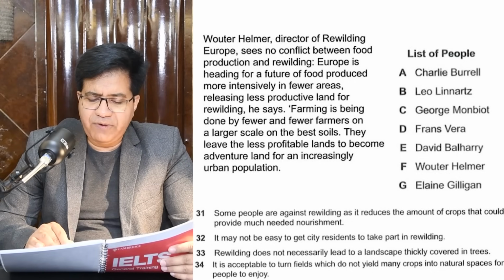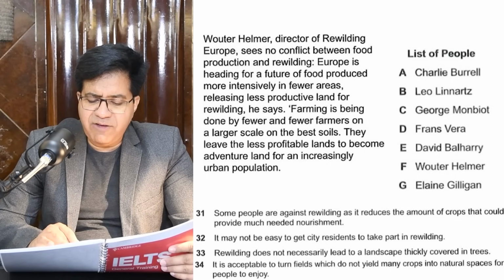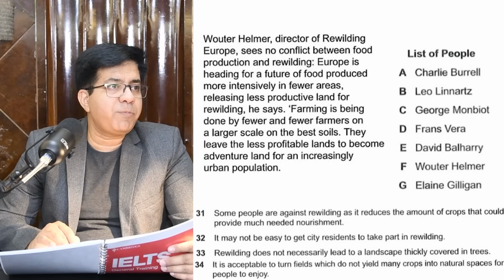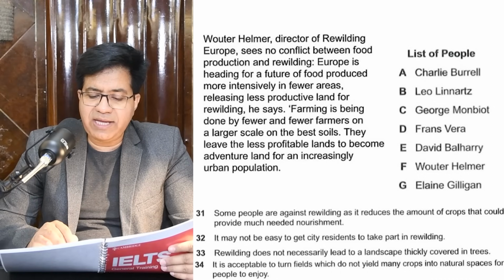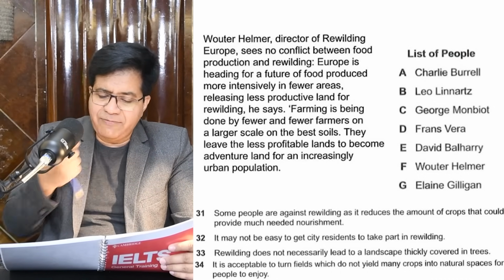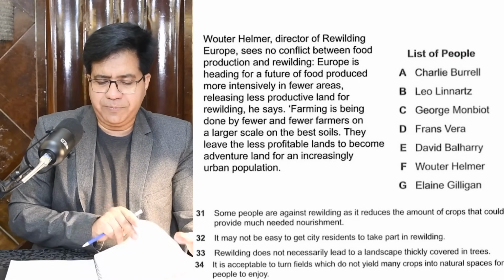He says farming is being done by fewer and fewer farmers on a large scale on the best soils. They leave the less profitable lands to become adventure land for an increasingly urban population. Urban population means city people. So they are turning their farmhouses into this, rewilding, and then adventure land for an increasing urban population.